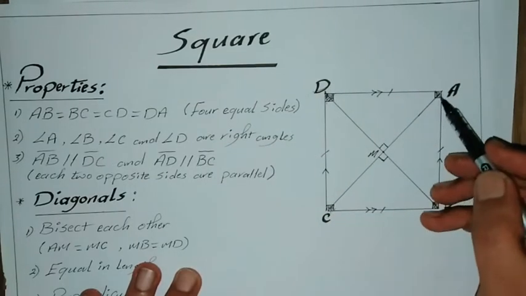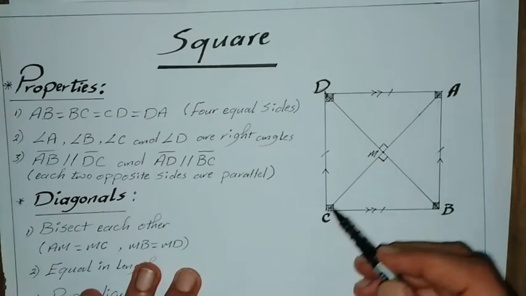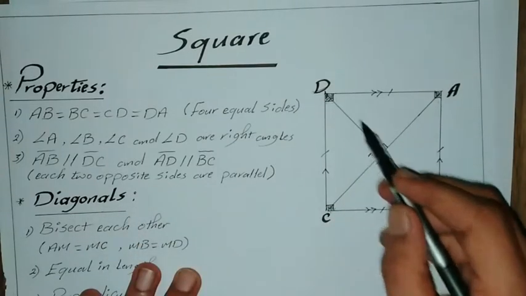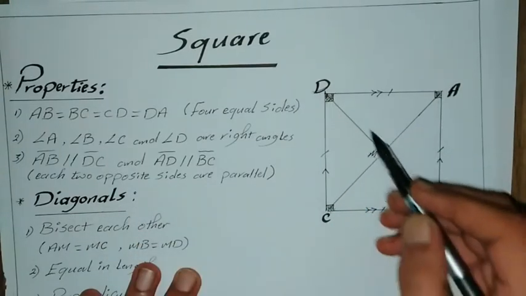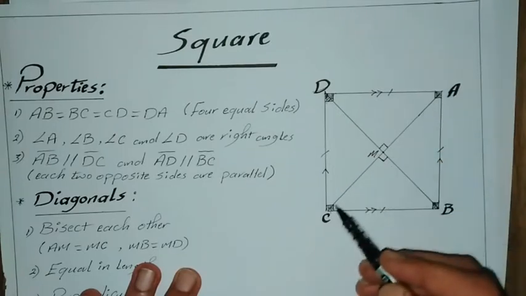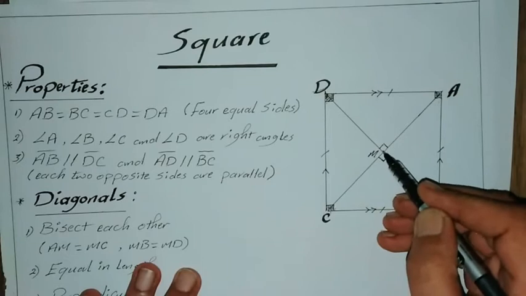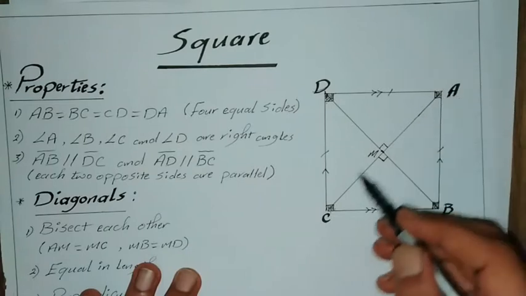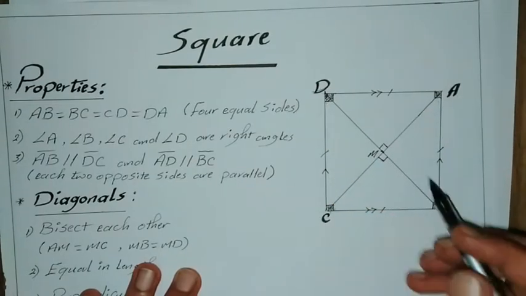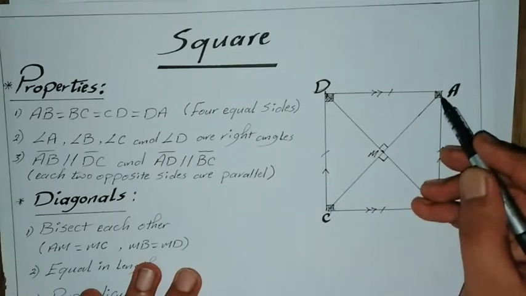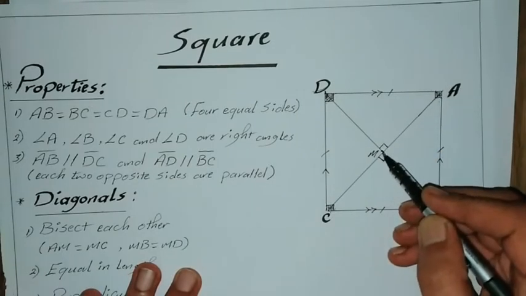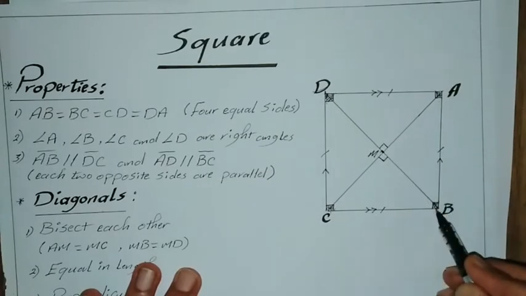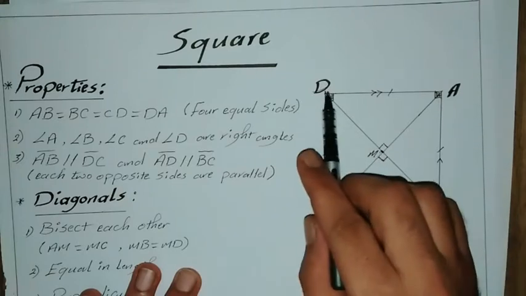And AC is called a diagonal. And DB is called a diagonal. The diagonals bisect each other. Bisect each other means the length of MA is equal to the length of MC, and the length of MB is equal to the length of MD.